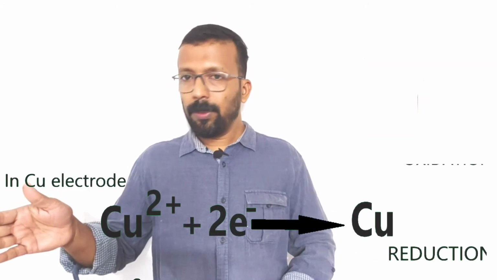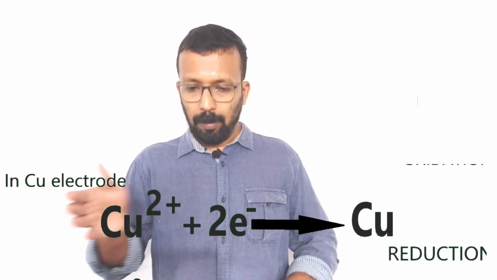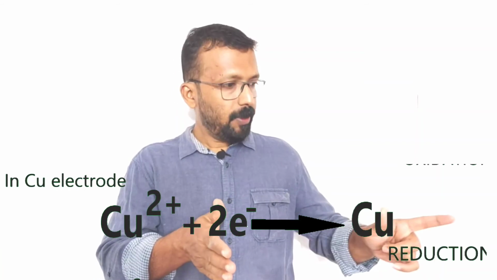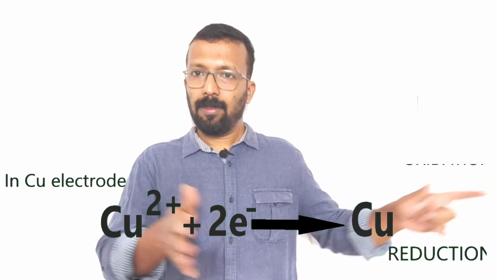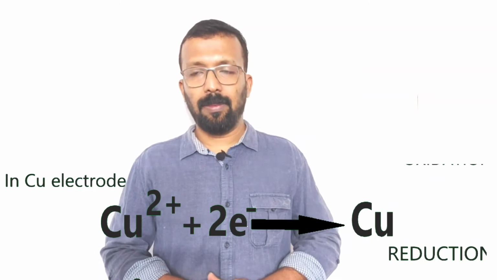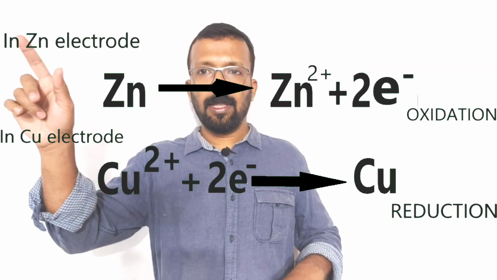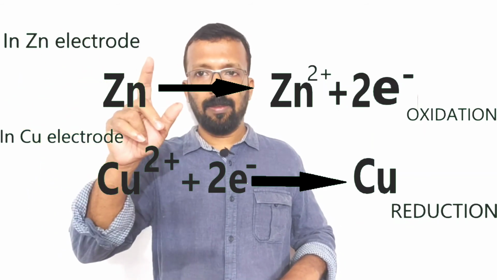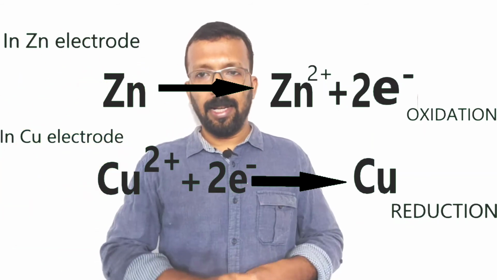So copper undergoes reduction. See the equations. Cu2+ plus 2e− gives Cu, a process of reduction. So the first one is oxidation, second one is reduction.